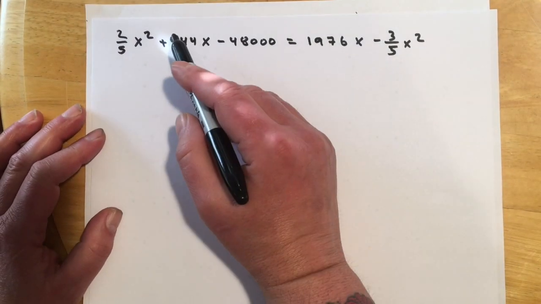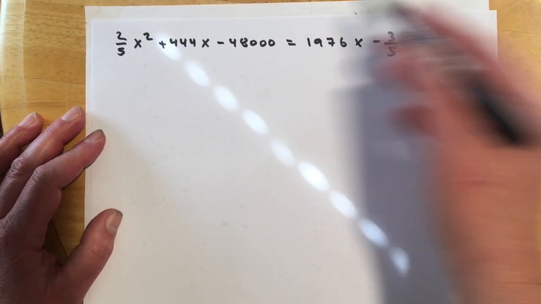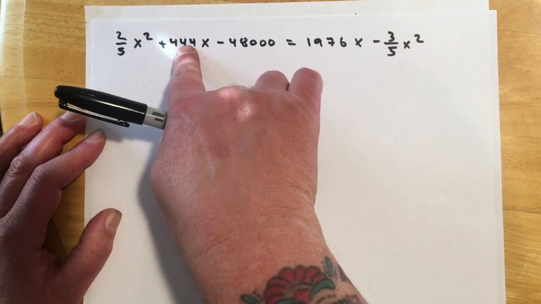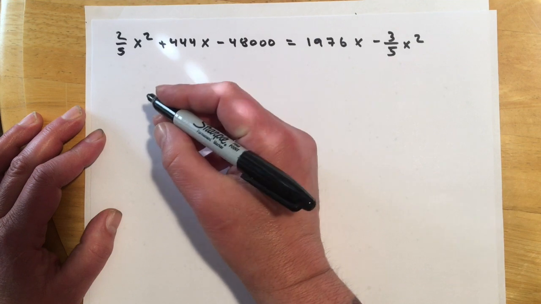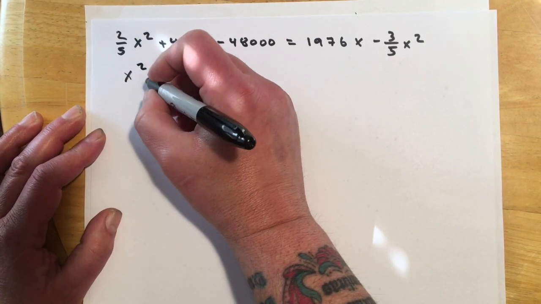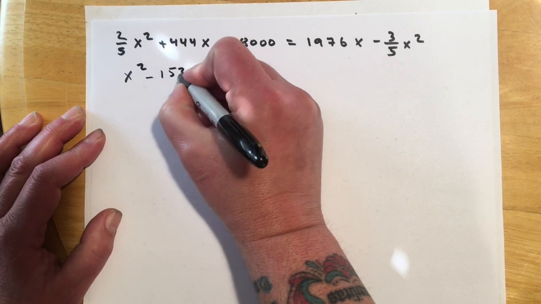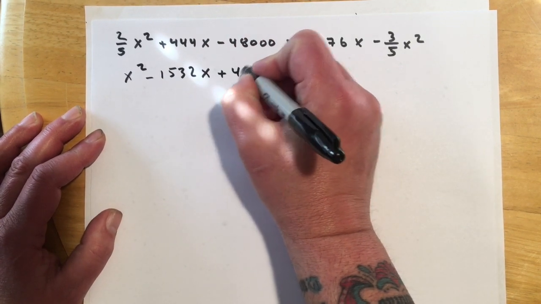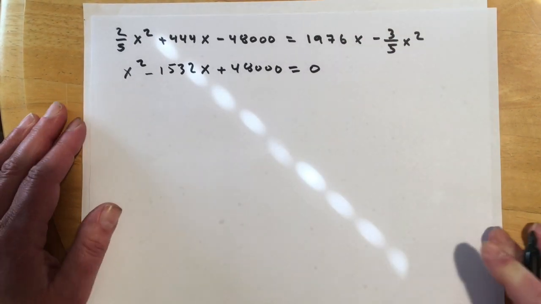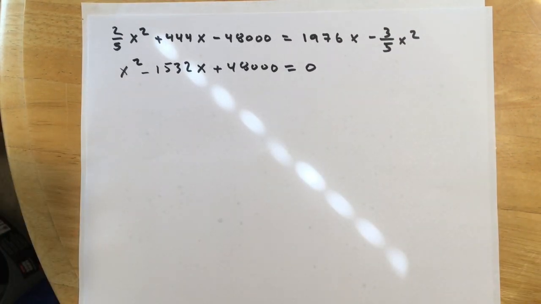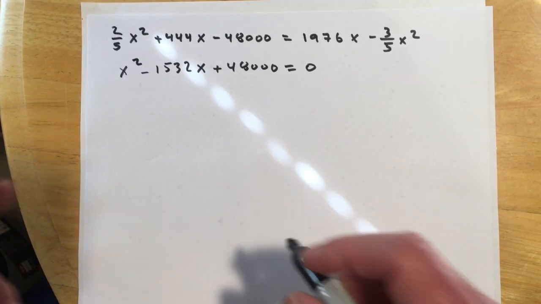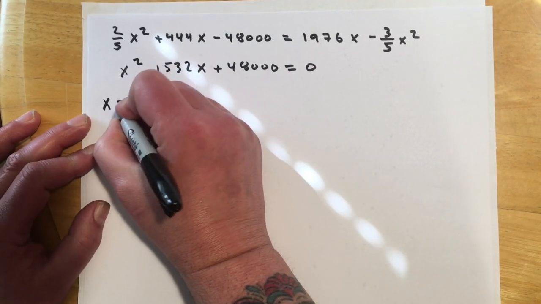Okay, so I rewrote our cost function equals our revenue function on a new piece of paper, and now I'm going to bring all this over, so I'm just subtracting this and I'm adding this. And then that's going to be x squared minus 1532x plus 4800 equals 0. So, again, it does factor, but that's some pretty terrible factoring, so I would probably just throw it in the quadratic equation.